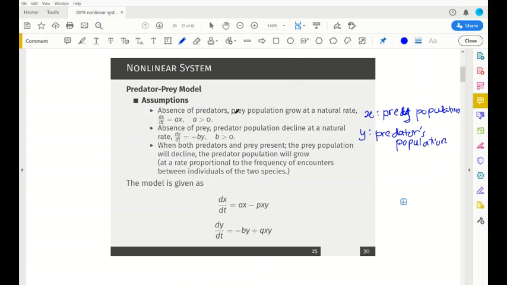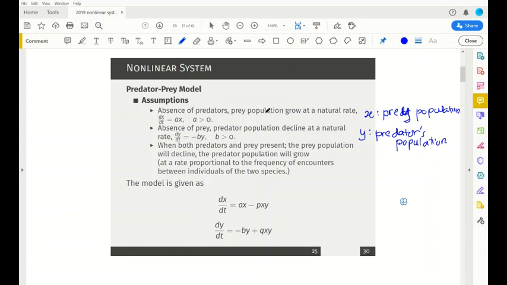So when we have an absence of predators, prey are able to grow, because the rate of death might be small.